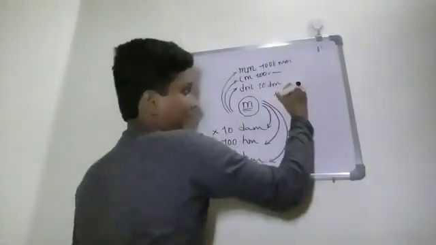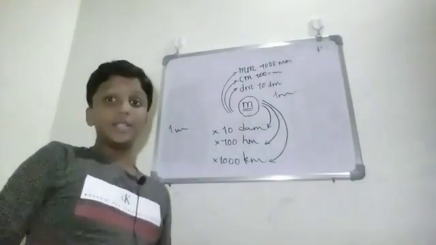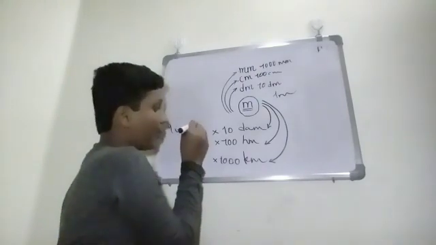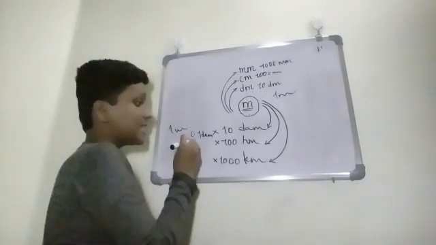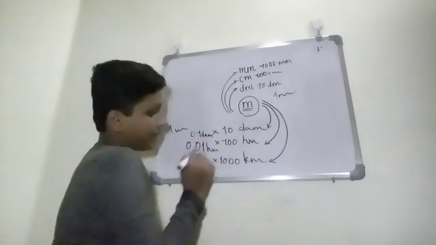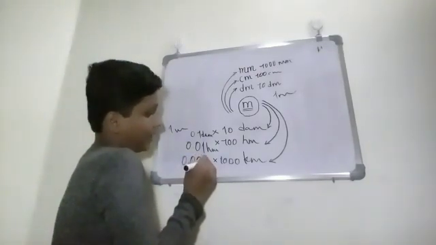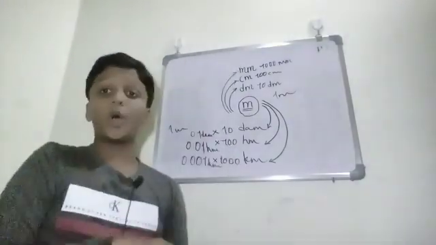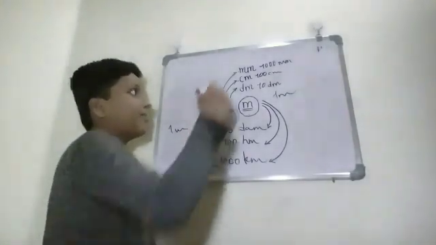And now it will come really smaller. 1 meter is equal to 0.1 decameter. 1 meter is equal to 0.01 hectometer. 1 meter is equal to 0.001 kilometer. So here the numbers are becoming smaller, but look at the difference.